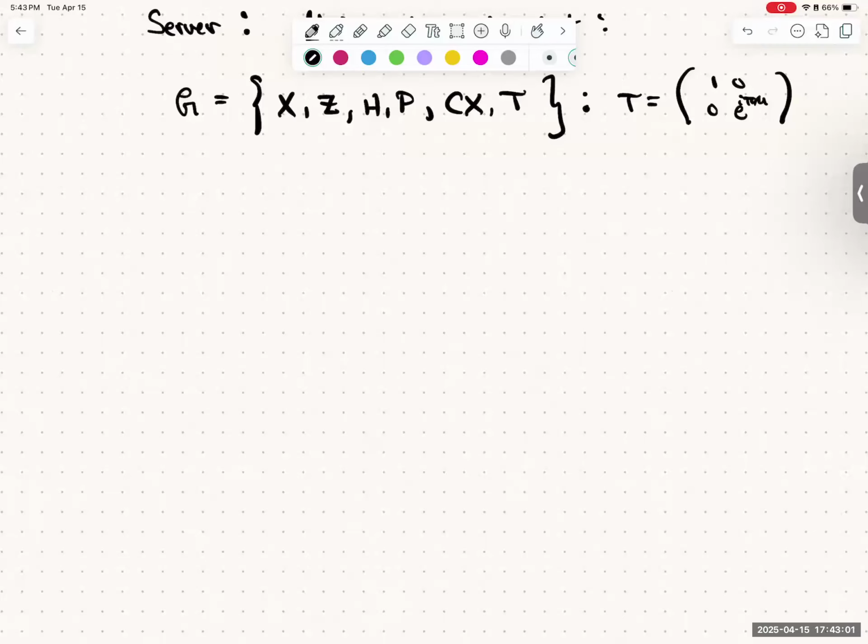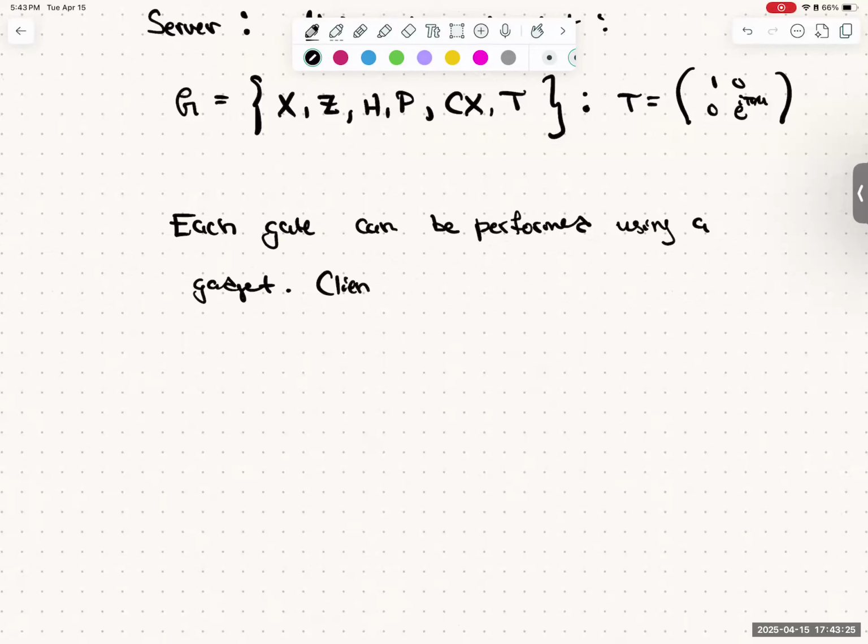Maybe I just say this in passing, and we will see it eventually. Each gate can be performed using a gadget, and then the client updates the encryption key.